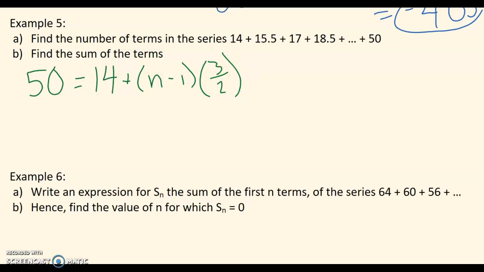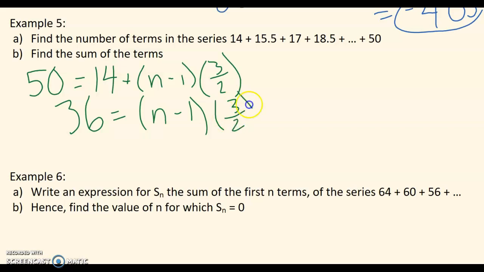And you just do some algebra, so 36 equals n minus 1 times 3/2. 36 times, so I want to get rid of this 3/2, so times 2 is 72, and then divided by 3 is 24, and then plus 1 is 25. Right? 72, yeah, 24, yeah, okay.